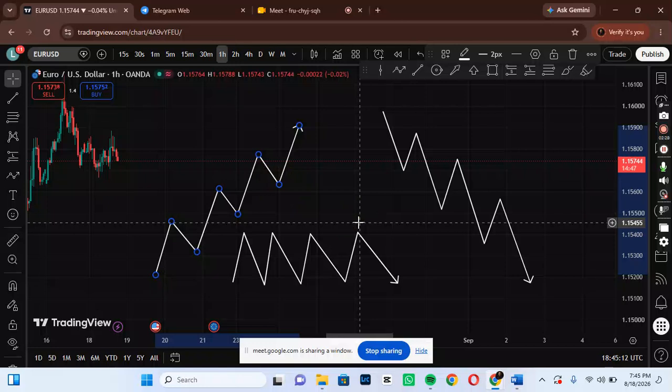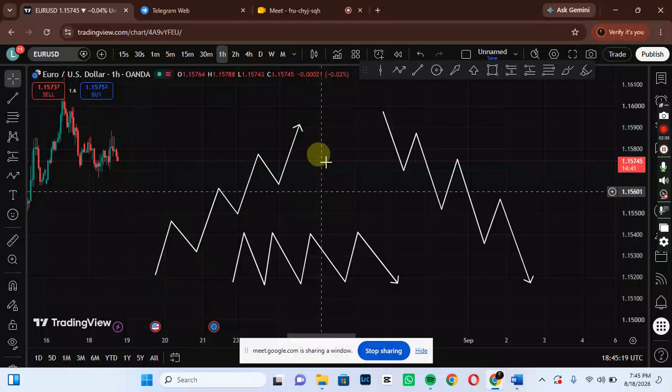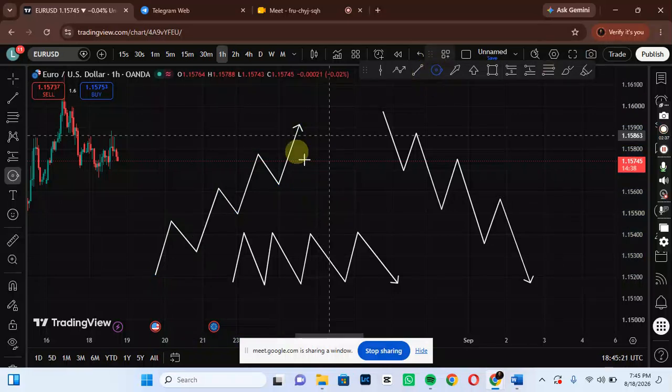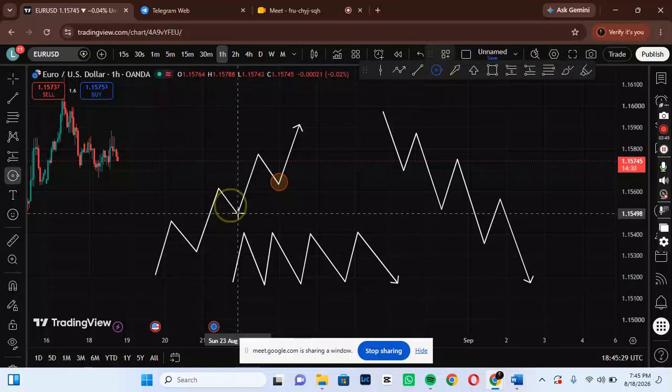Now, if you've gone through the handbook that's on the Telegram, I posted all these things, so that's why I'm not talking too much theory, because I've covered all these things in the handbook. When we talk about an uptrend, it consists of a series of higher highs and higher lows. What do I mean by that? These are the higher lows.